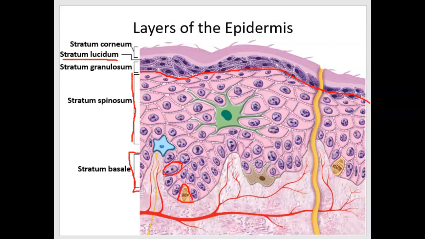And there are melanocytes that produce a pigment that protects us from UV radiation. So these are melanocytes that make melanin. And then up in the stratum spinosum, I didn't mention before, but there are these dendritic cells, green, okay, and they help fight infection.